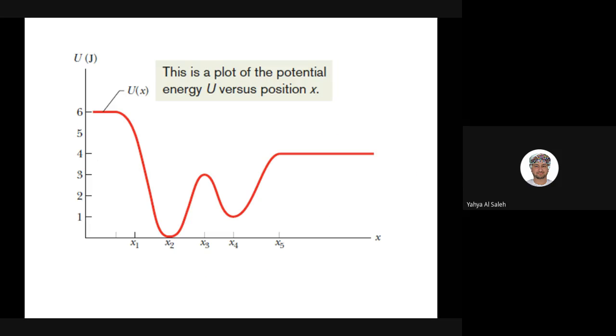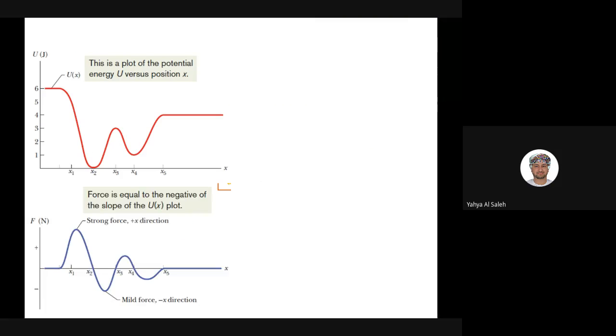Let's take a look, not for that, just for a general system, at a plot of potential energy versus position. Just some wiggly line. We know that force is minus du by dx. So if I look at the slope of this and plot it, I end up with the blue line.